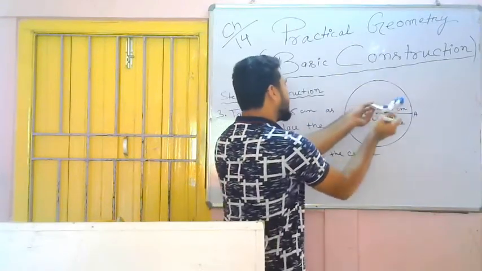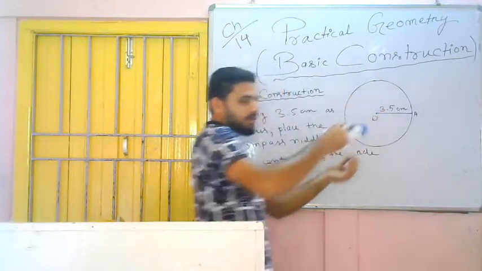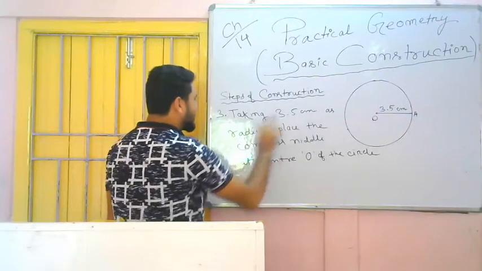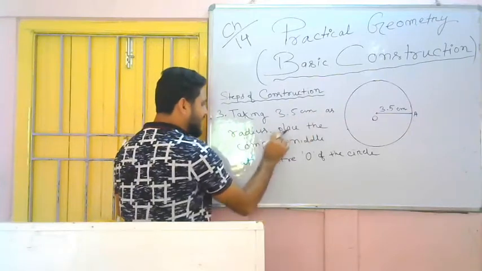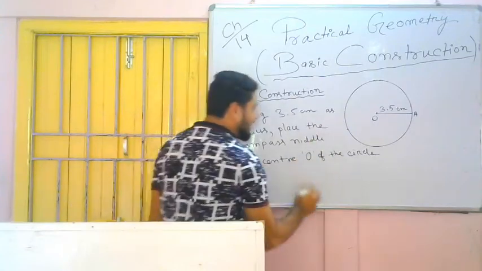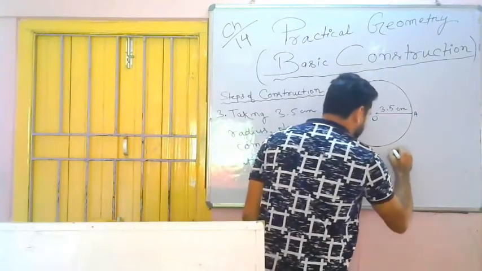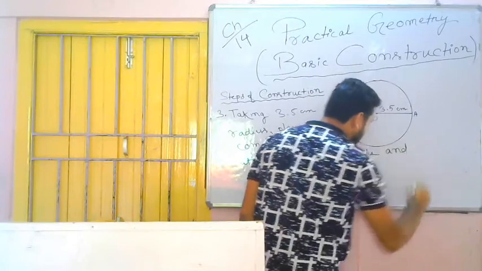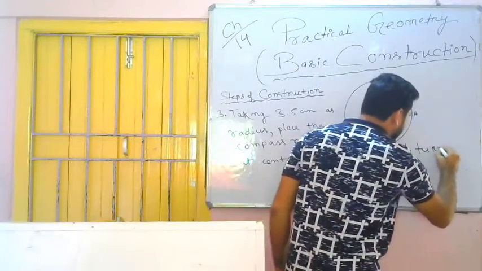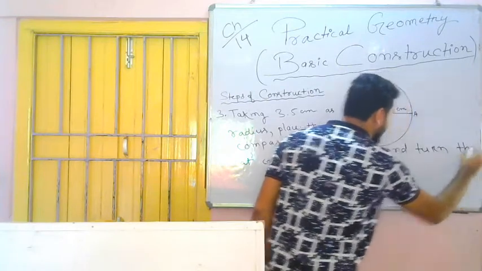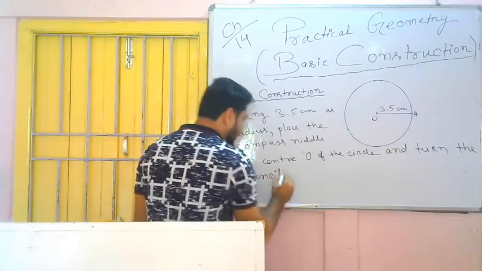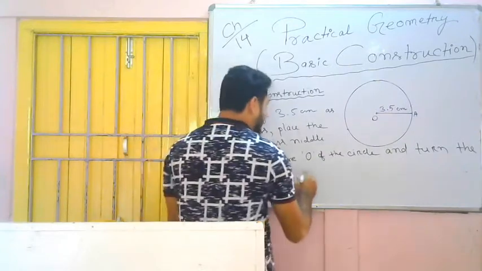So you write, taking 3.5 centimeter as the radius, place the compass needle at center of the circle and turn the pencil anti-clockwise.